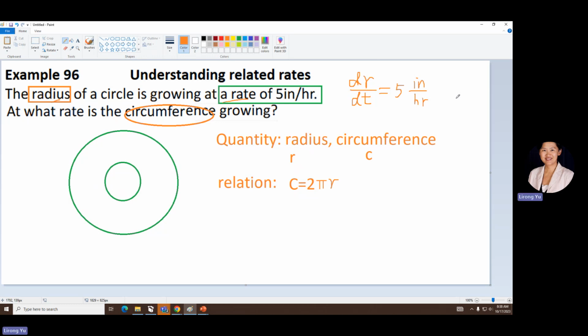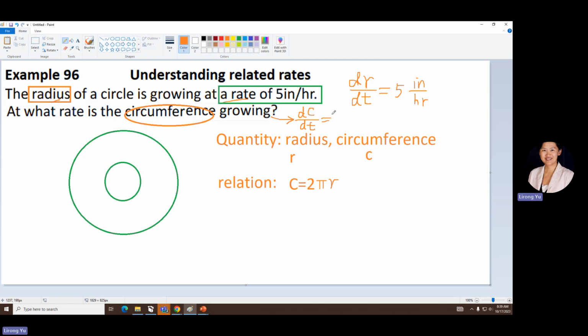And then back to the question, it says at what rate is the circumference growing? So because the radius is growing, the circumference is also growing. Smaller radius, smaller circumference, bigger radius, bigger circumference. So we are going to be clear about what exactly we are supposed to answer: the derivative of the circumference. So we can write dC/dt.